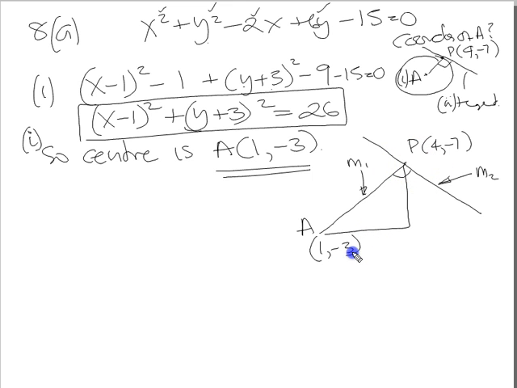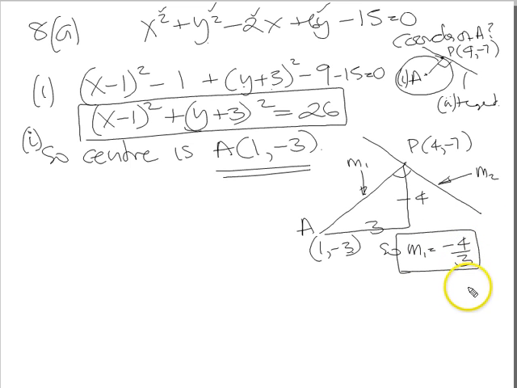Once I know this one, I'll know that gradient, and I know it goes through that, and I can get the line. So the gradient here will be simply the increase in y. So it goes from minus 3 on the y value to minus 7. So that increases by minus 4. It's actually going down this line. So there's the increase in y, and the increase in x is 3. So the gradient equals minus 4/3. And that's a poor sketch now because of the negative gradient, but it doesn't matter, it was just for illustrative purposes.